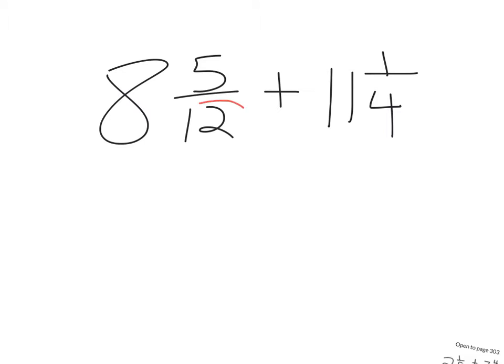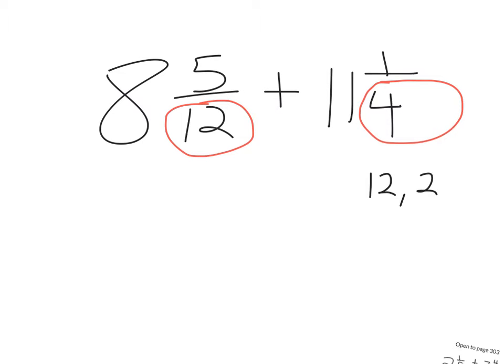I'm seeing this denominator is 12. This one's starting as 4. All right, but at least I know that the least common denominator between 12 and 4, if I count by 12s here, and then if I count by 4s, voila, I can see the least common denominator should be 12.